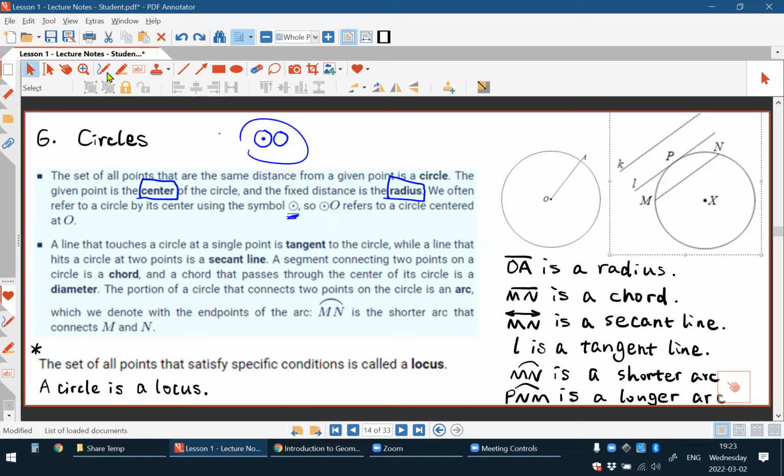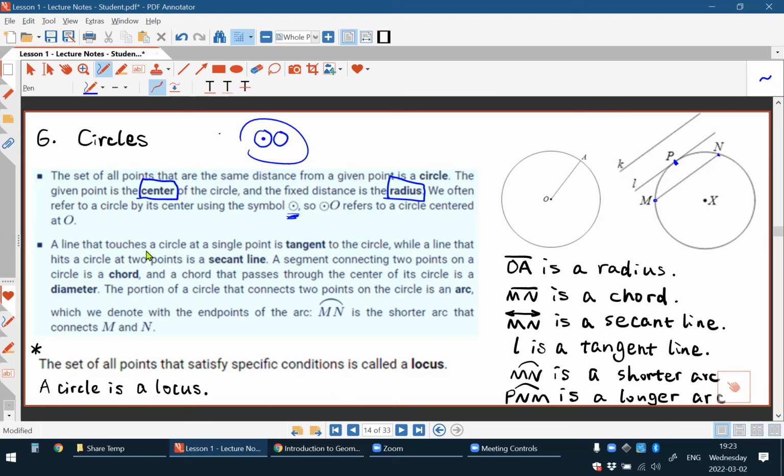And there is another line, MN. This line intersects with circle X at 2 points, which are M and N, right? So these are the possible relative positions between a line and a circle.